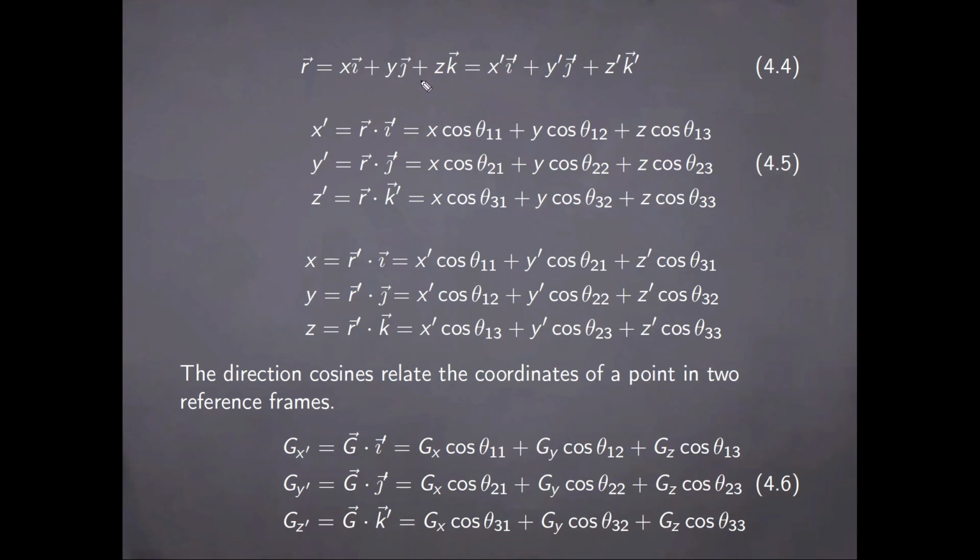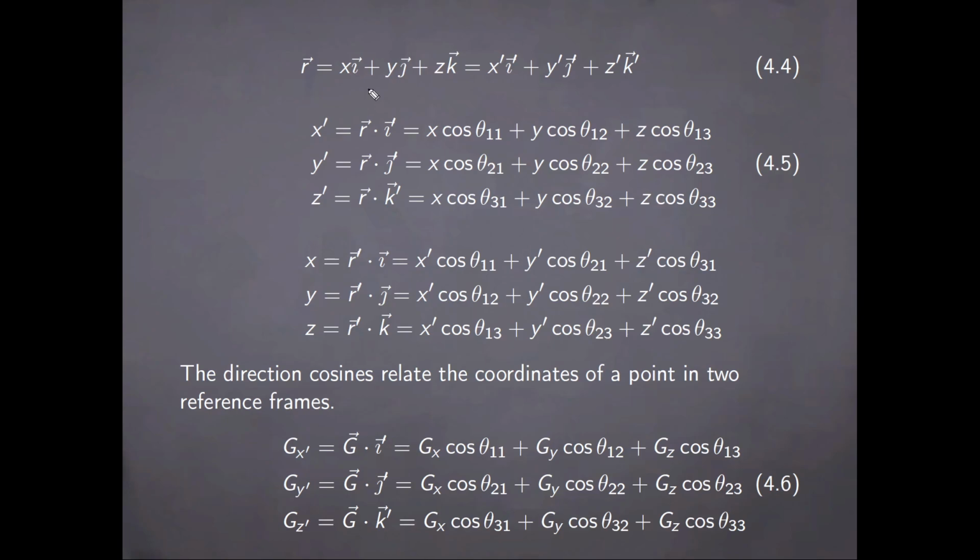And then using the direction cosines, we can express the primed components of the vector in terms of the laboratory components simply by taking the dot product between the radius vector as written in the laboratory frame and each of the given primed axes. And we obtain the linear combinations here involving the laboratory coordinates and the direction cosines.